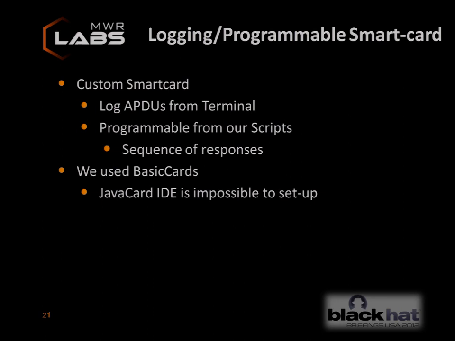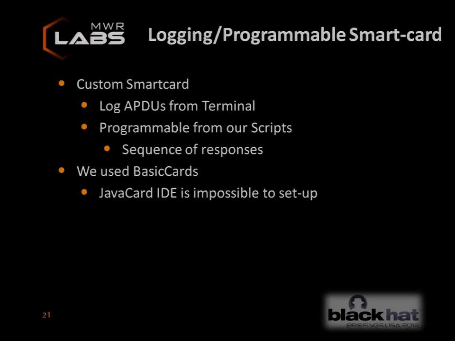What we decided to do is to implement a smart card which logs commands sent to the smart card by a payment terminal, and is also programmable by us with responses to respond to a payment terminal. We decided to go for a sequence of responses. Basically, you have two options here.